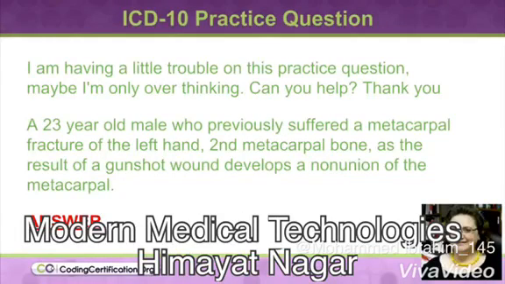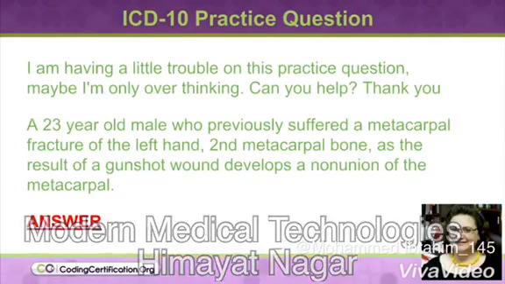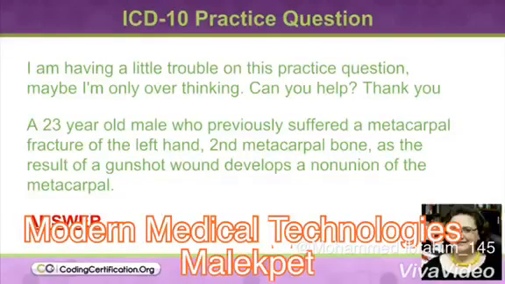So obviously this guy has an injury. He had a gunshot wound in the hand, and it developed a non-union, meaning the bones didn't stay lined up. Okay, so you would be able to code for it, there's literally a code for non-union.